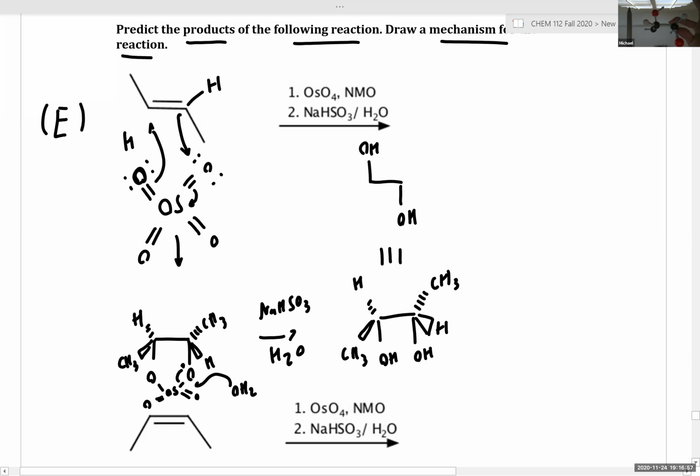On the right, which group is in front? On the right, the hydrogen's still in front. We haven't done any rotation on the right. Okay, and now on the left, which group is in front? Hydrogen, yep.